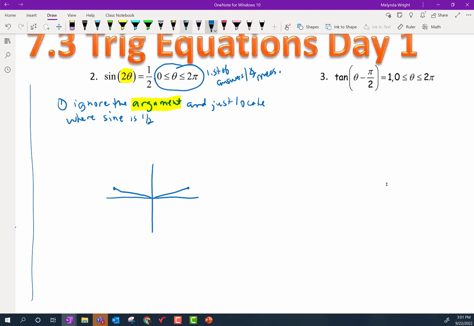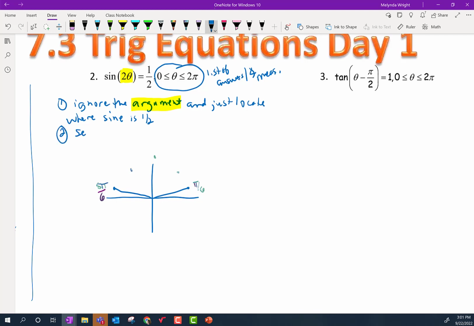So this is 1 pi over 6, 2 pi over 6, 3 pi over 6, 4 pi over 6, 5 pi over 6. So we have ignored the argument and just located where sine is 1/2. We see there are 2 places where sine is 1/2. I want to pause here for a second. Is everybody okay?